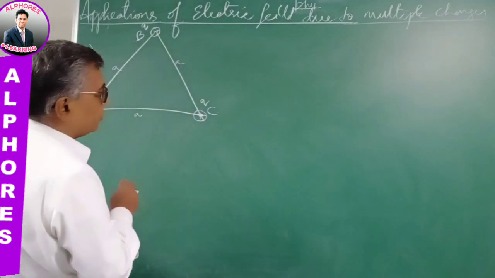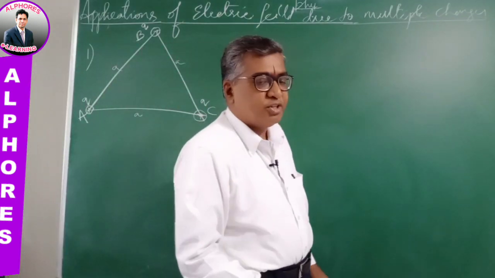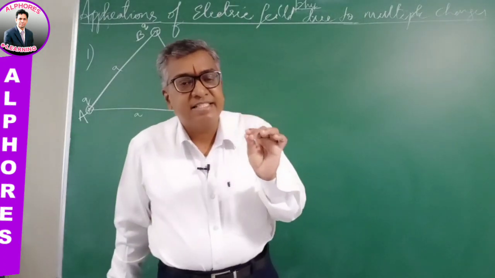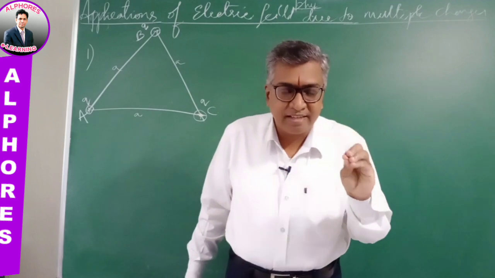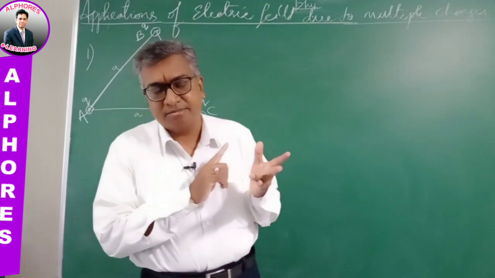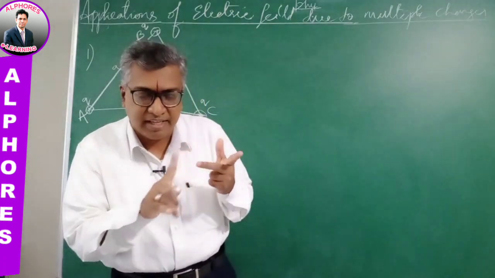Whenever you are asked to find the electric field due to multiple charges, first step: considering each charge as an isolated point charge, find the electric field due to each charge separately, magnitude and direction. For Q1, E1 bar; Q2, E2 bar; Q3, E3 bar.